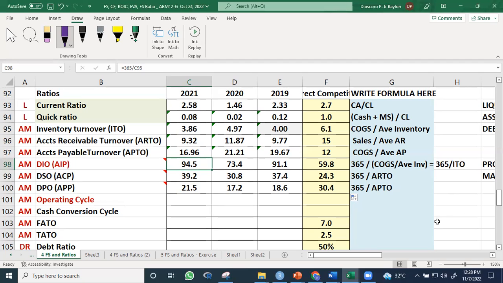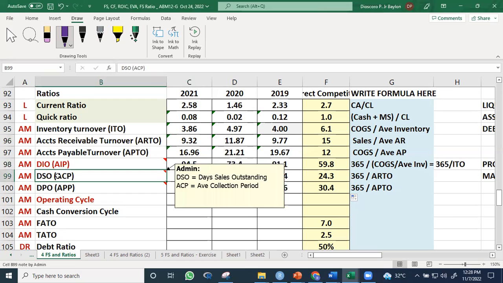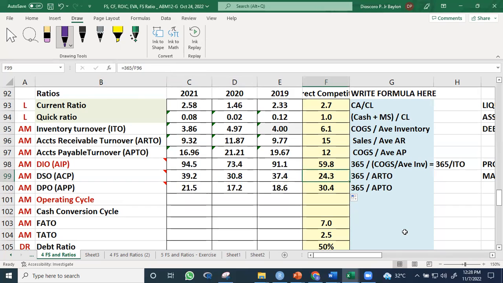So I hope that's clear, class. No? Ganun din si ARTO. The bigger, okay, the better. Pero pag titingnan natin yung pinsan niya, si DSO, na related silang dalawa, di ba? The smaller, the better. And they're measuring the same thing. Si DSO ang measure ilang araw. Si ARTO ang measure ilang times a year. Okay, but conceptually they're the same.